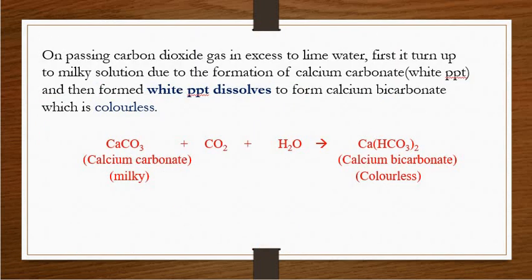And when this carbon dioxide is passed in excess through the lime water, it will first turn milky due to the formation of CaCO3, and then it becomes colorless due to the formation of calcium bicarbonate. So this is the confirmatory test of carbon dioxide gas.